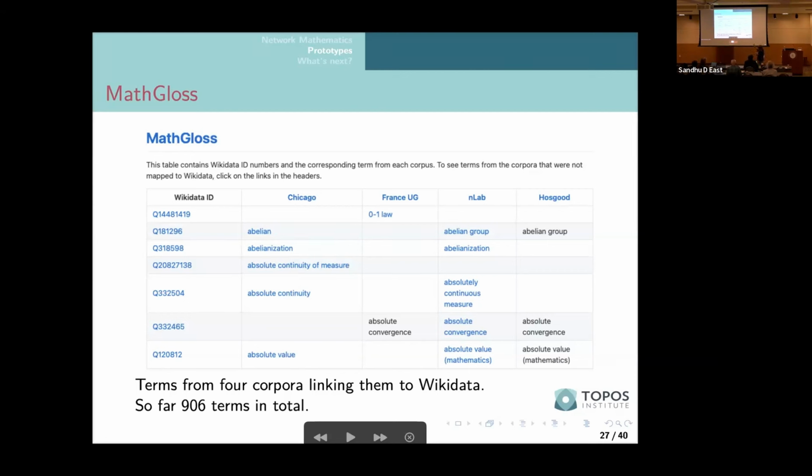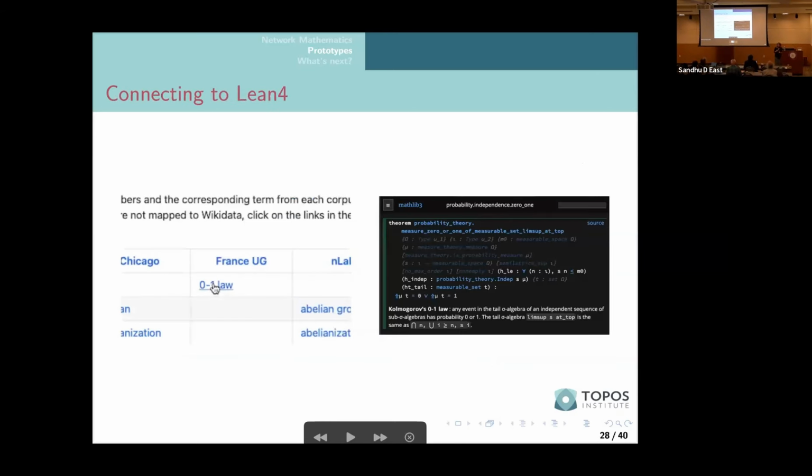Now, the thing that's quite exciting about this one is that it starts connecting to proof assistants. So the French UG column goes straight into Lean code. For instance, if you click on the 0-1 law, it shows you on this side what was in MathLib 3. It's now in MathLib 4.